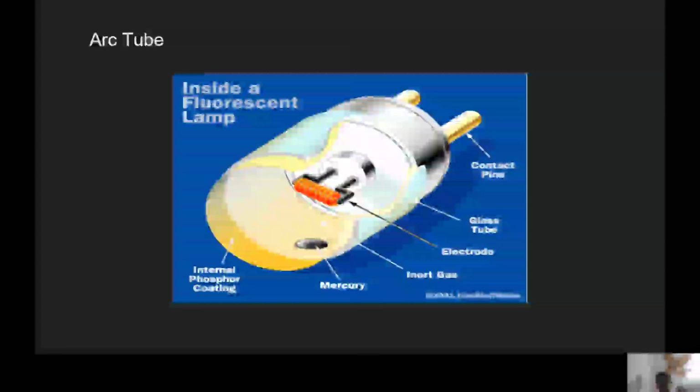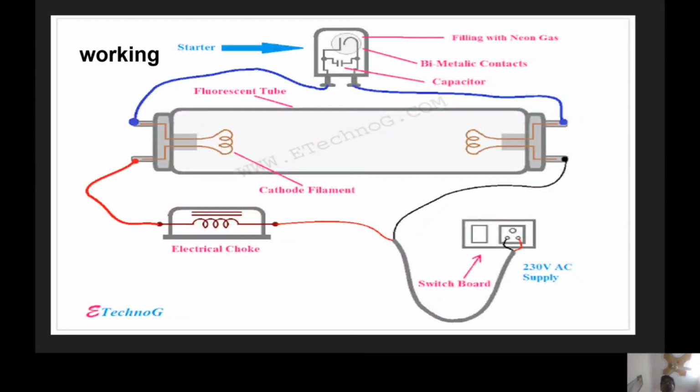In an arc tube, we have a tungsten electrode, which heats the inert gas, which is usually argon, and it has liquid mercury and also an internal phosphorus coating, which converts the UV light into white light.